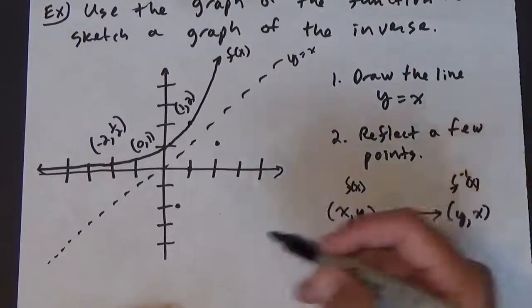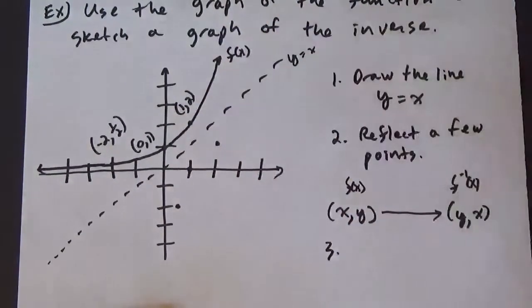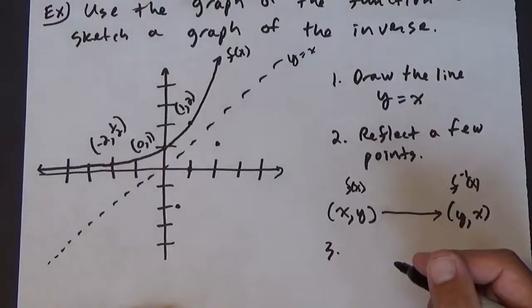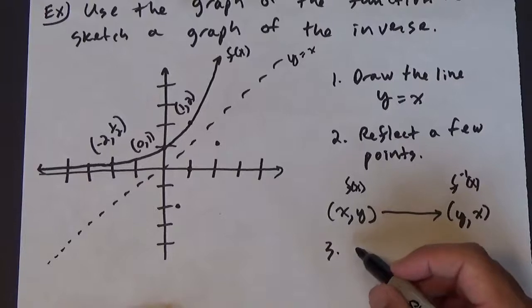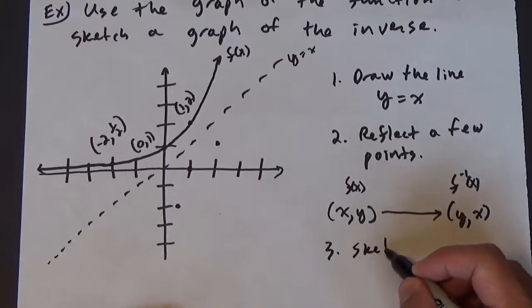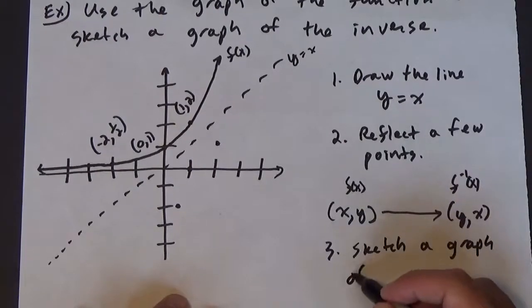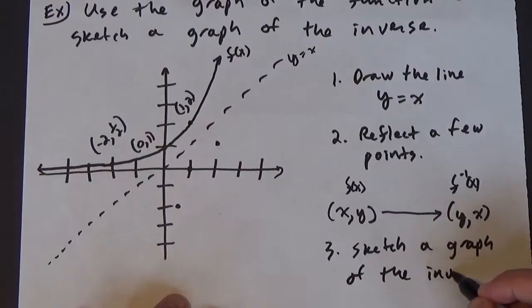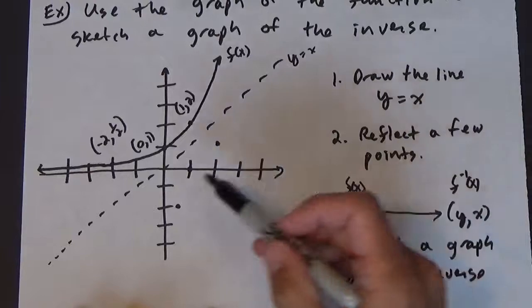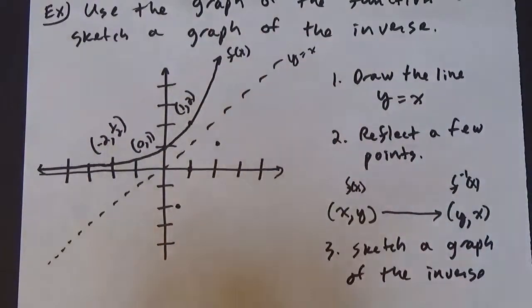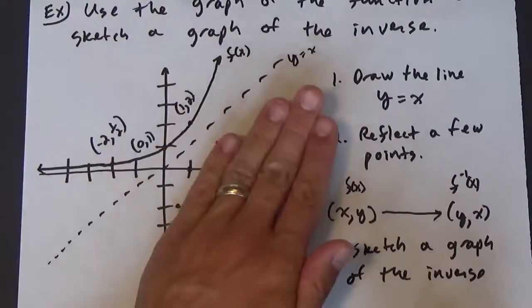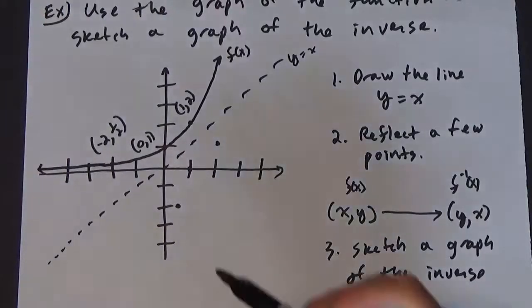And then step 3, once you have as many points as you are given or need, we sketch a graph of the inverse. You have to look at what you have and imagine, okay, I'm reflecting this over the line y equals x.